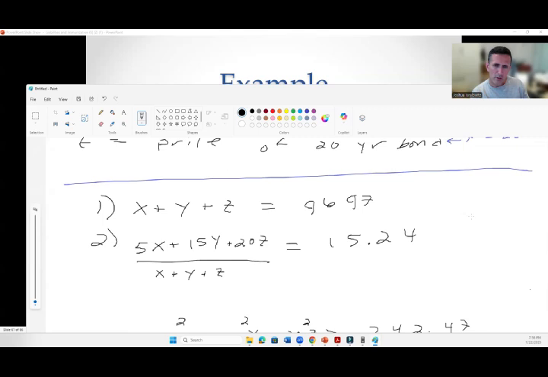So let's do y equals 0. In particular, if this is 0, that means, obviously, you can solve for x.